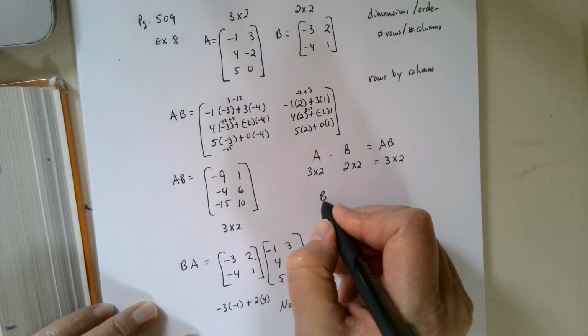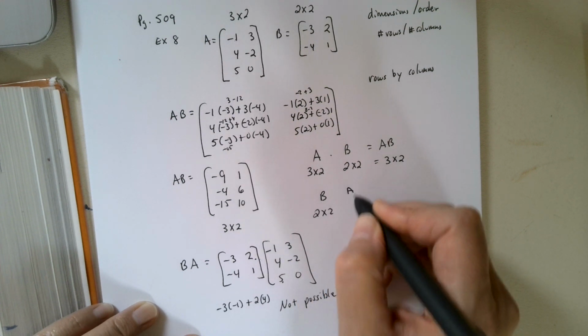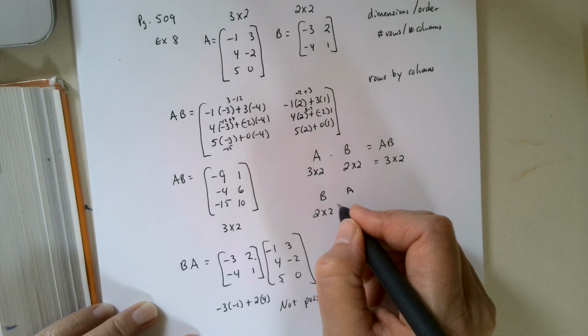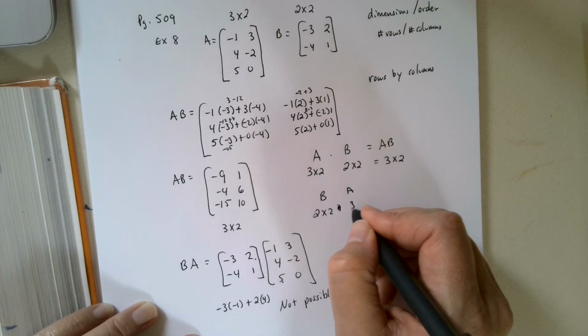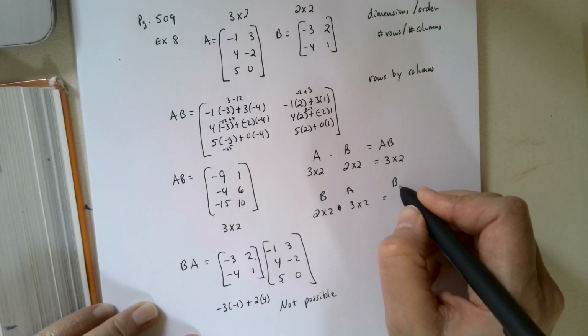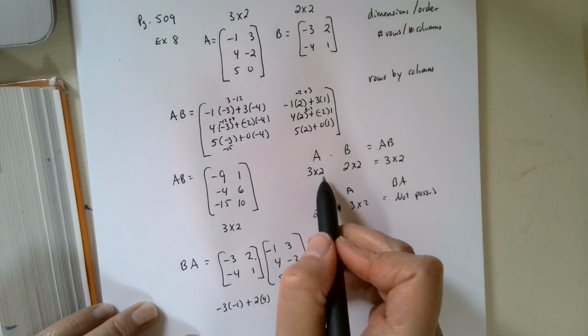When we switched that around and we had matrix B, which was a 2 by 2, and we wanted to multiply that by matrix A, which was a 3 by 2, we were trying to get B times A, and it was not possible.